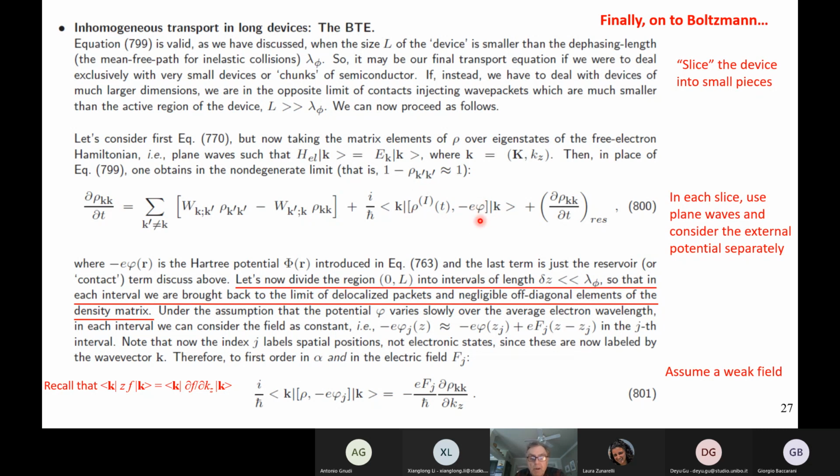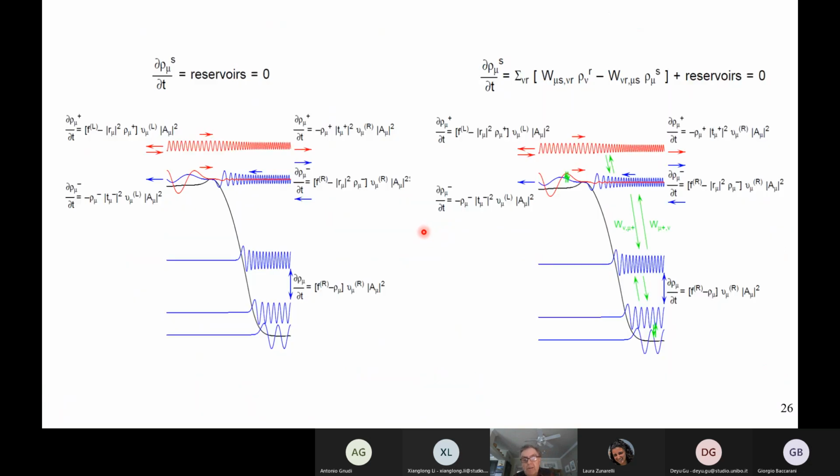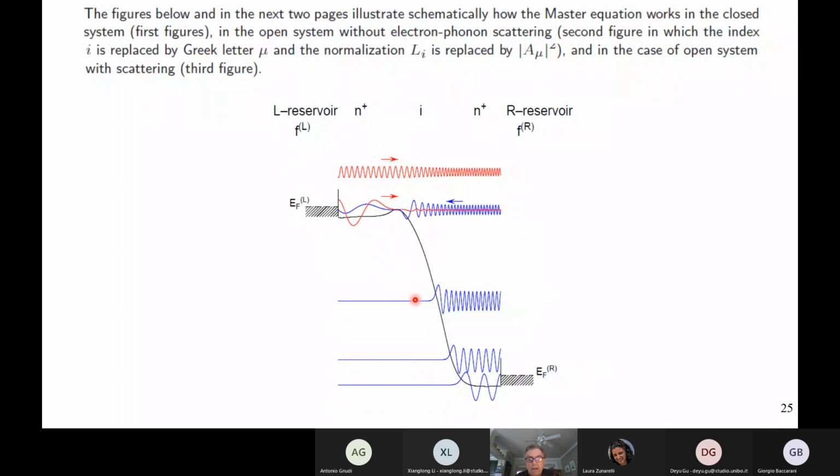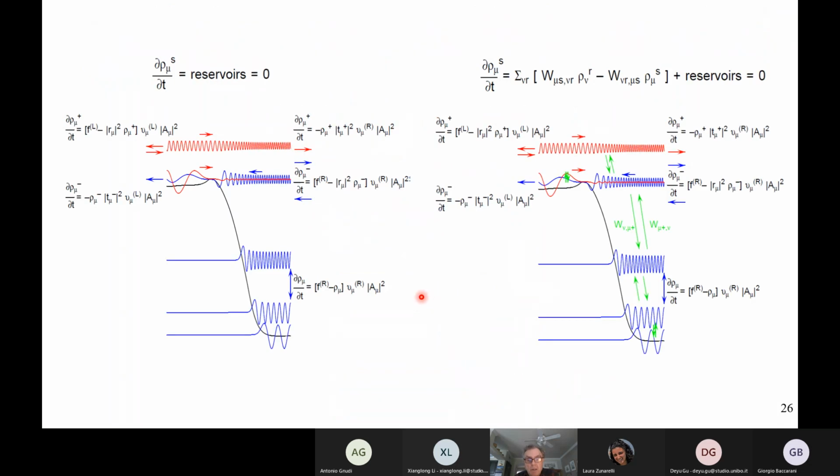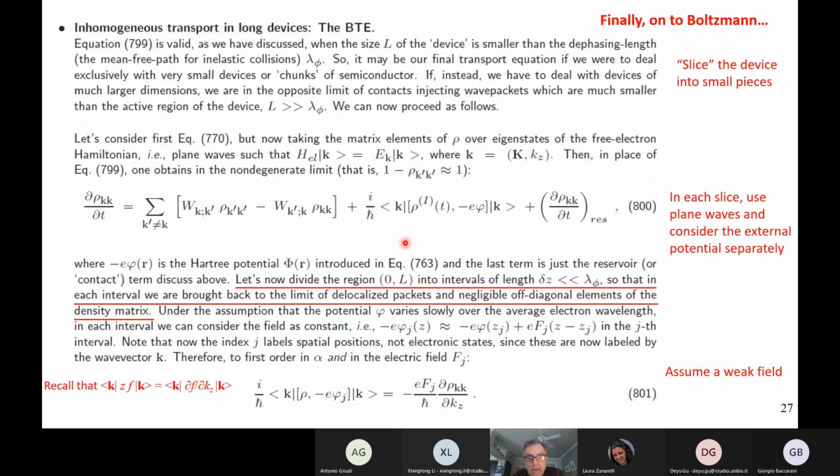Now, this commutator can be evaluated relatively simply if I take my device and slice it into many slices, each of them shorter than the coherence length. So in each slice, I can use this expression. Now, in each slice, I assume that the potential changes linearly.